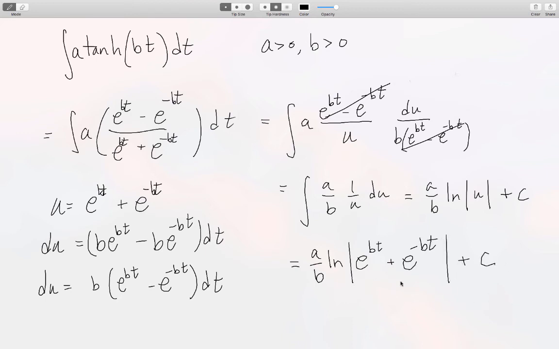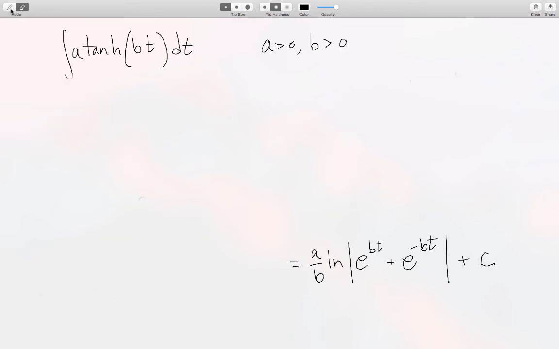Now I want to turn this into, I can rewrite this. It'd be helpful, there's another alternate way of writing this combination of exponentials, so let's do that. I just worked out that this is a over b ln absolute value of e to the bt plus e to the minus bt, plus a constant.